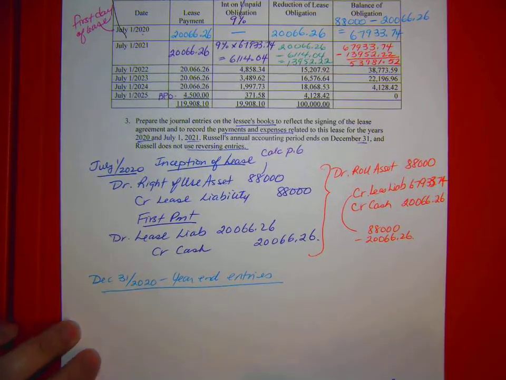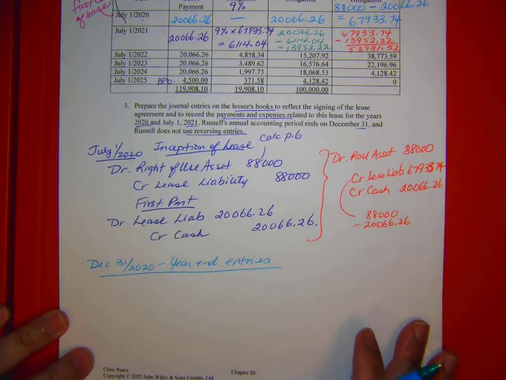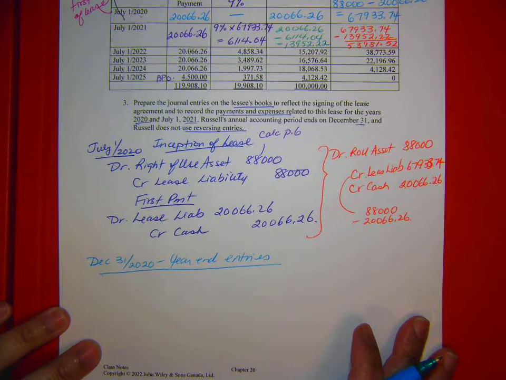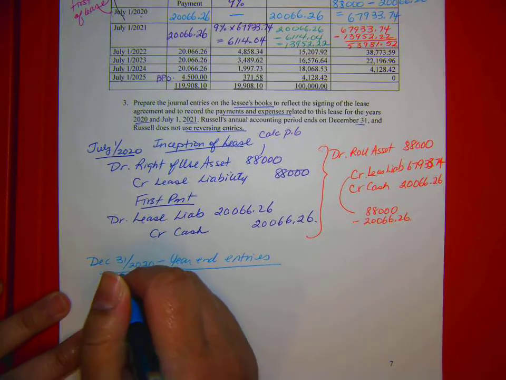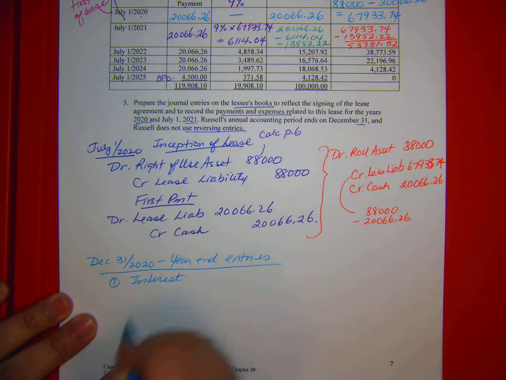So we've got two pieces. We have to record interest and we have to record depreciation. So I'm just moving this up as much as I can. So first we're going to record interest and then we're going to record depreciation.